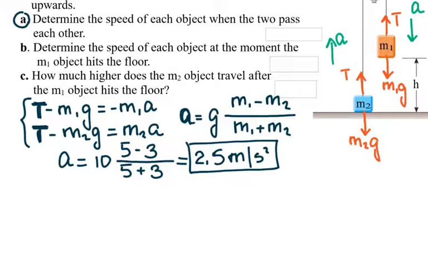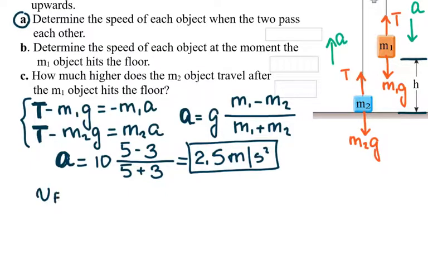For B, determine the speed of each one at the moment when they pass each other. Because the height is 4 meters, they will pass each other when they both travel 2 meters. So I need to find the velocity when they both travel 2 meters. I have initial velocity 0, final velocity I'm looking for, and I just found what acceleration is equal to. So it's that type of question.